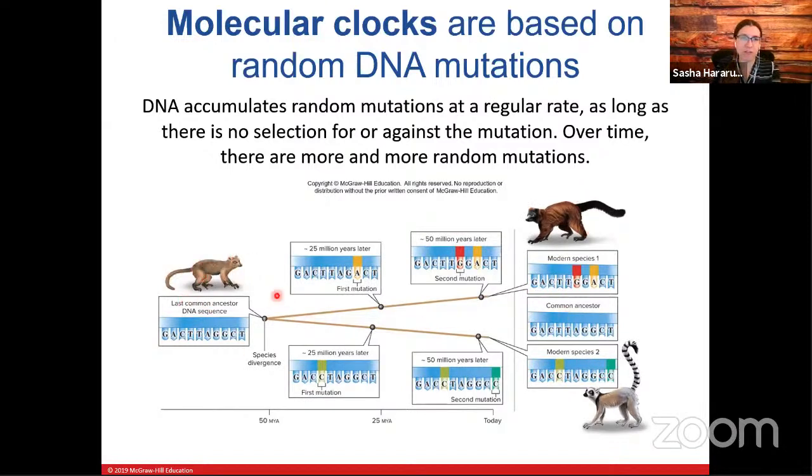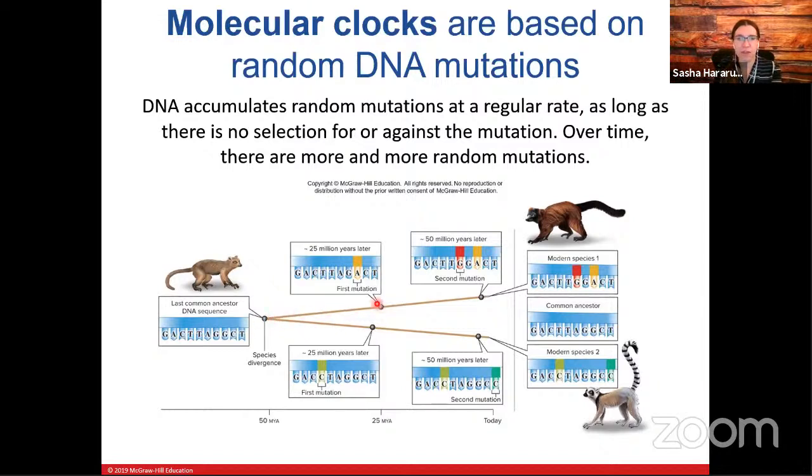And let's say this is the common ancestor of these two. As time went on, let's say nothing influenced it, there was no selection for a particular phenotype or genotype.